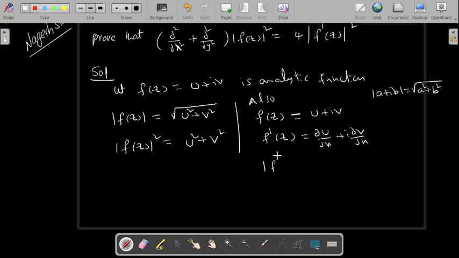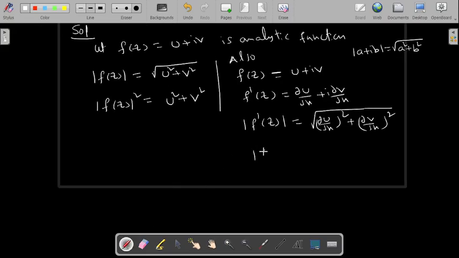So now the modulus of f'(z), with the same formula, is the square root of a² + b², where a is ∂u/∂x and b is ∂v/∂x. Squaring on both sides, |f'(z)|² = (∂u/∂x)² + (∂v/∂x)².